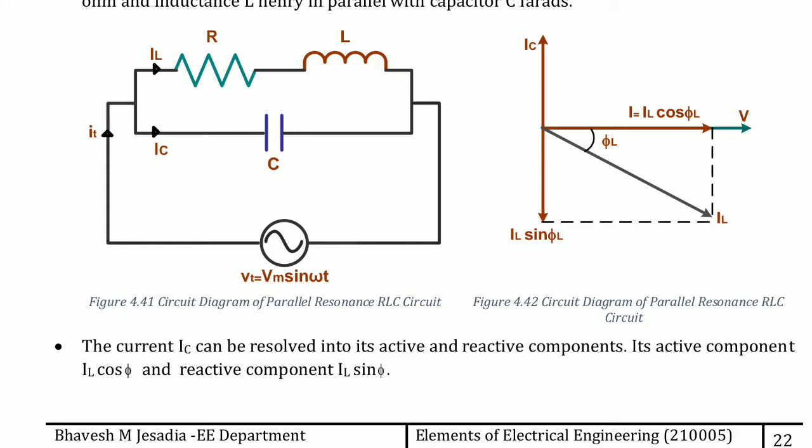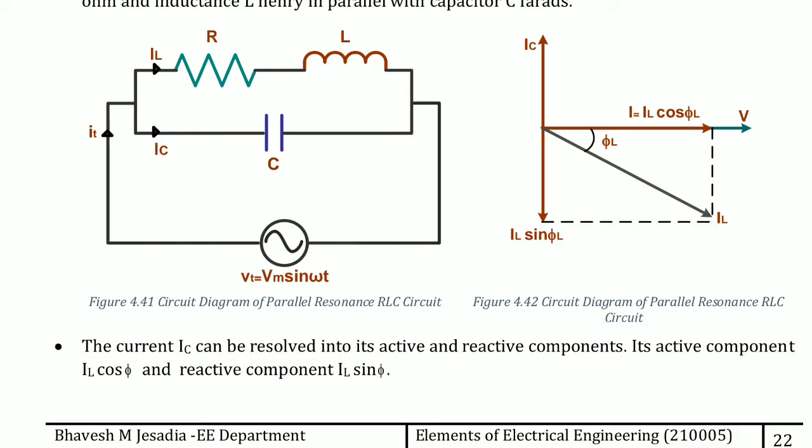and this combination of the circuit is connected to the supply voltage VT. When the supply is connected, as I show in the circuit diagram, the total current of the circuit is IT, that means the resultant current is IT, and it is divided into two currents.